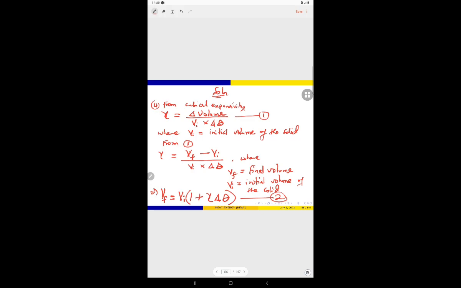All right, so this is where you continue from. We are assuming that the solid is a cuboid. And if the solid is a cuboid, how do we find the Vf?